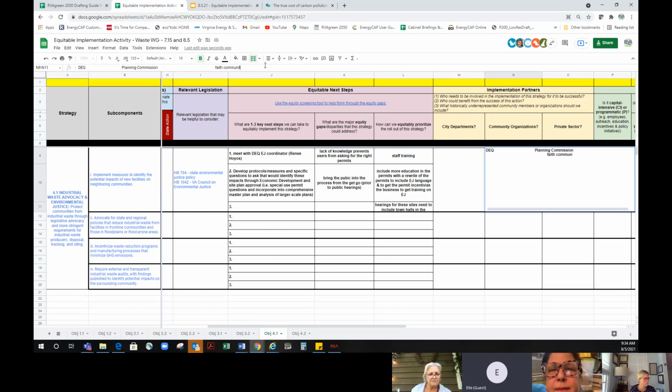Exactly, especially when you have Black and brown communities that have been zoned for industrial use, receiving the brunt of environmental injustice. So I think that is something for city departments. Yeah, PDR. I'm kind of at a loss for private sector stuff, but maybe y'all know. My mind just never goes to the private sector for whatever reason.